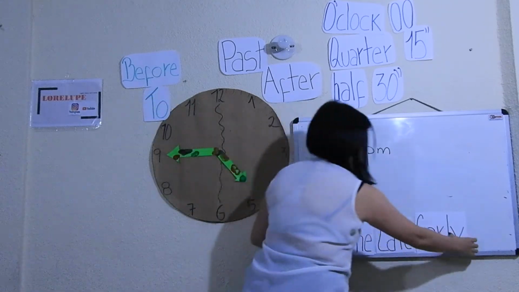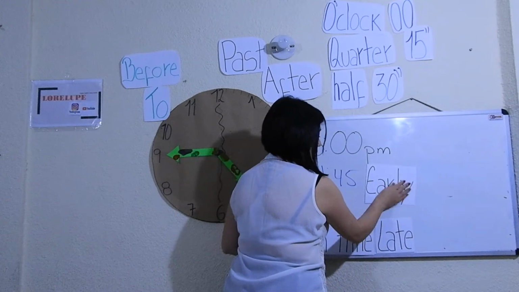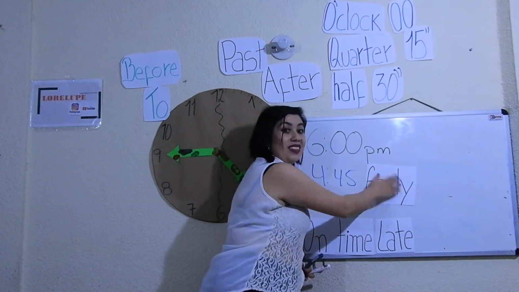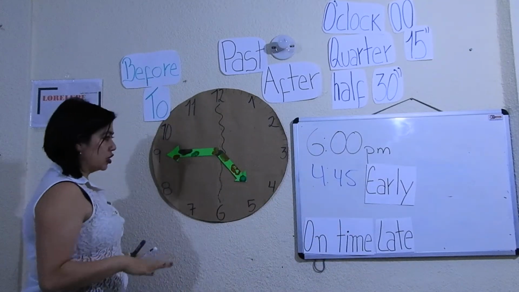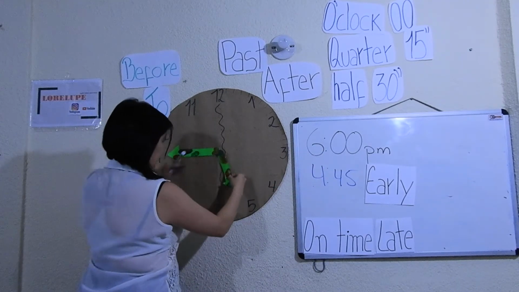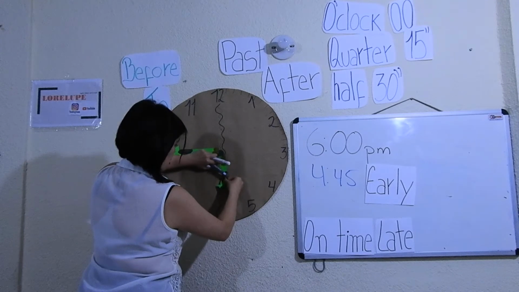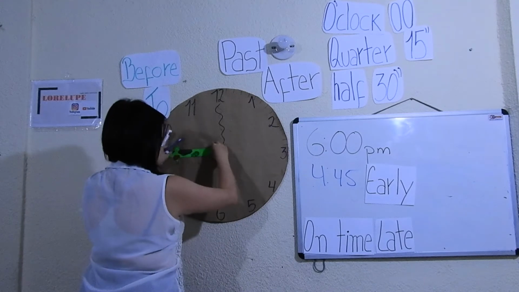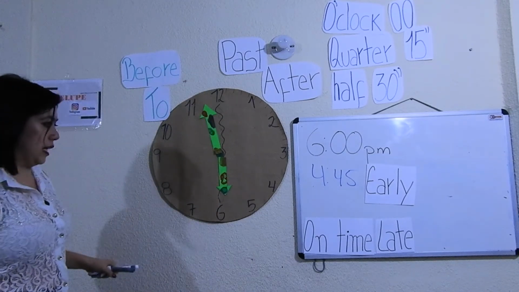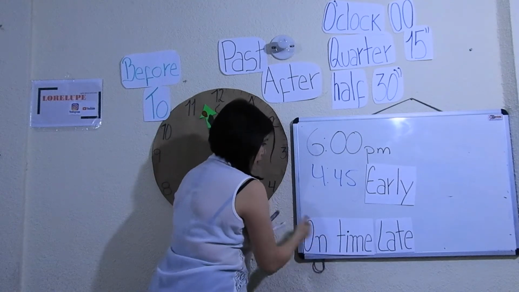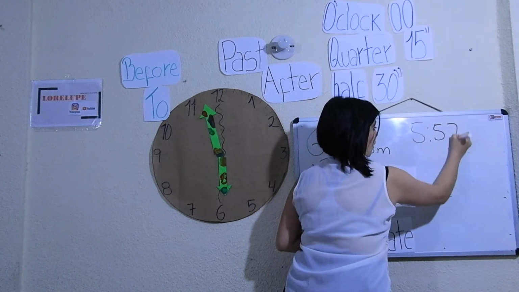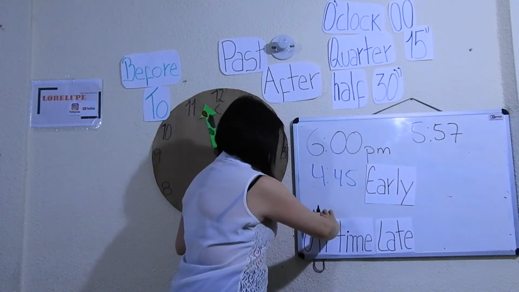Well, I would like to say that I am early. You say early, temprano. But let's imagine that the movie is at 6. But in this moment, it's like 3 minutes before 6. Well, 3 minutes before 6, that is 5:57. Faltan 3 minutos para las 6.